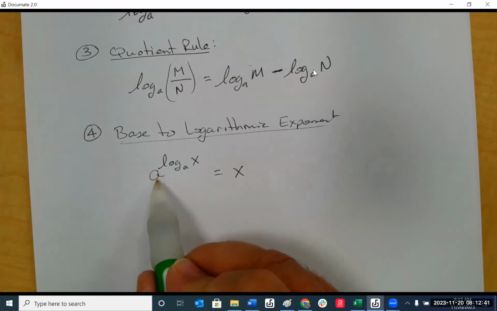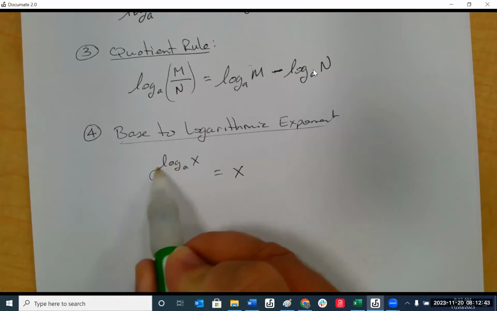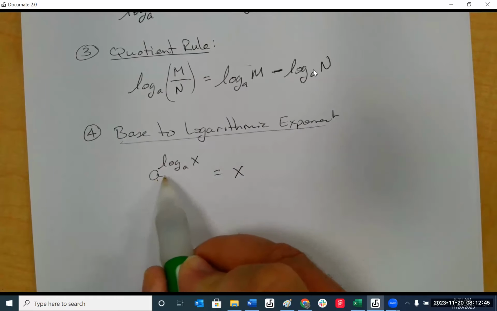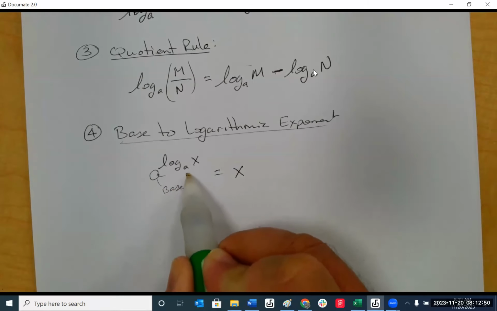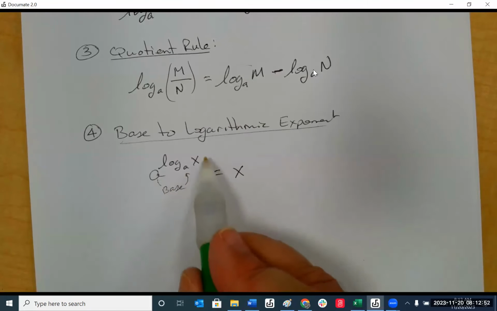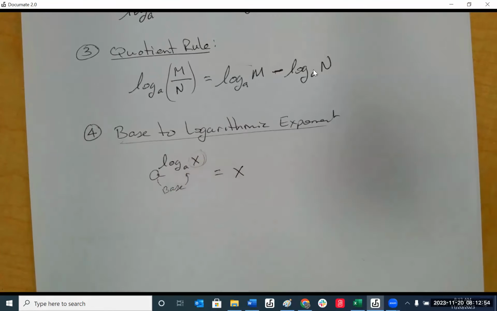So this is a to the power. Remember, if it's an exponent, this is the base. Well, that's also the base. If they're the same, it's whatever the operation is.